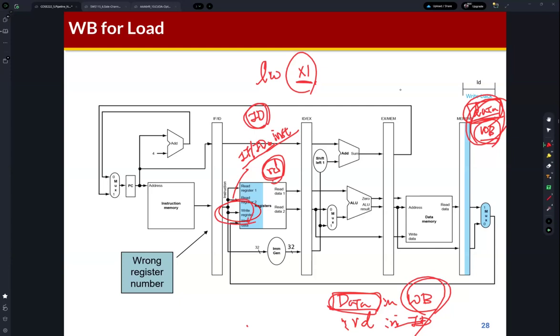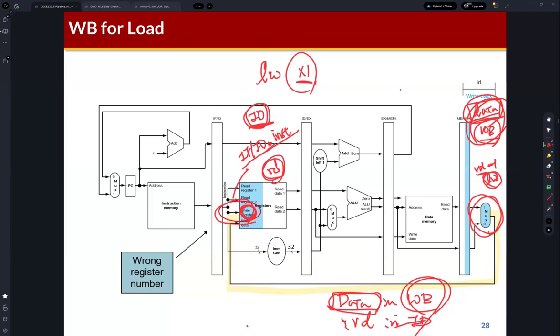I mentioned that this part is wrong. Why? Because the result of the load instruction is written back in the write back stage. So this data is written back to the register file. In this case, we need to use the RD of the load instruction, right? But if you see this RD, this write register is in the ID stage.